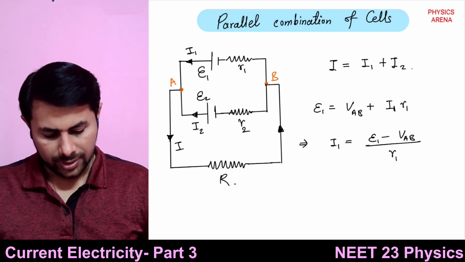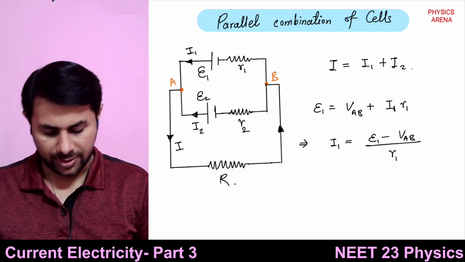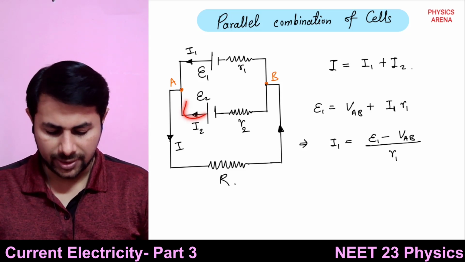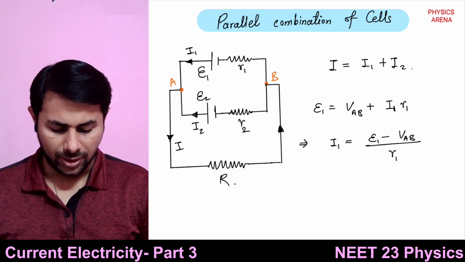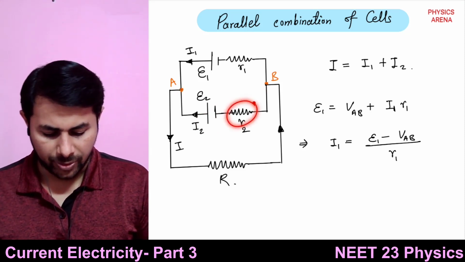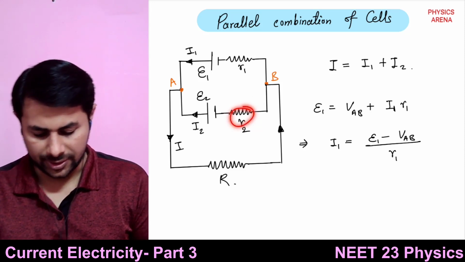Similarly, the second cell is also connected between the same 2 points. So here also the current is I2. So epsilon 2 is equal to the potential difference plus the potential drop across this resistor.